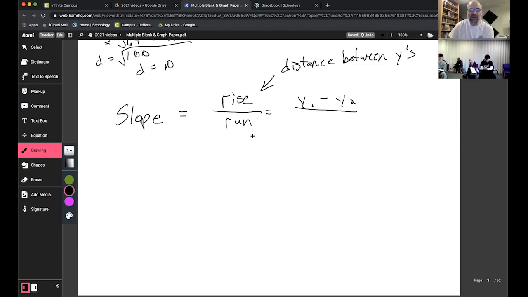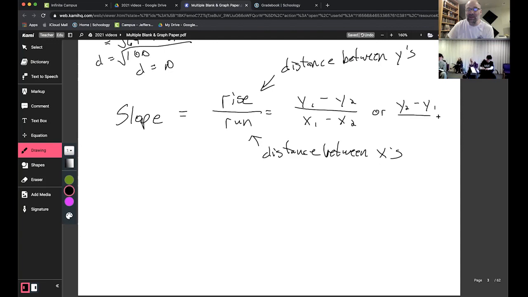And then run is obviously the distance between x's. So how do you calculate distance between two things? You subtract their values. Okay, so this is x1 minus x2. Now you could reverse these as well, y2 minus y1.